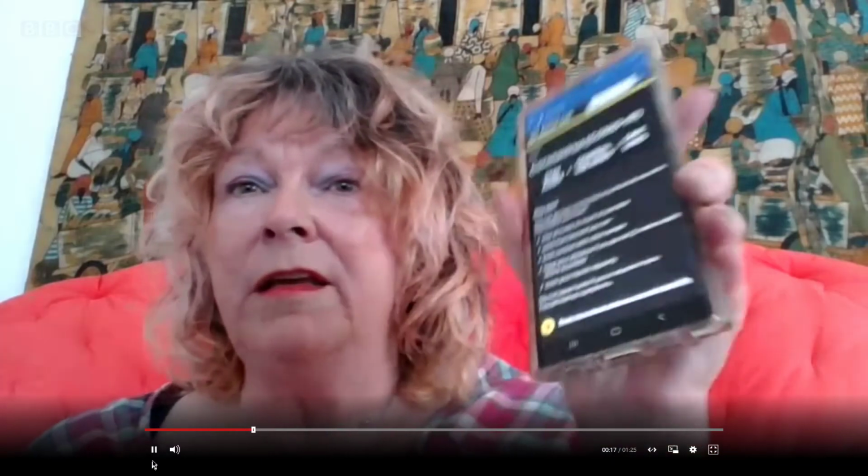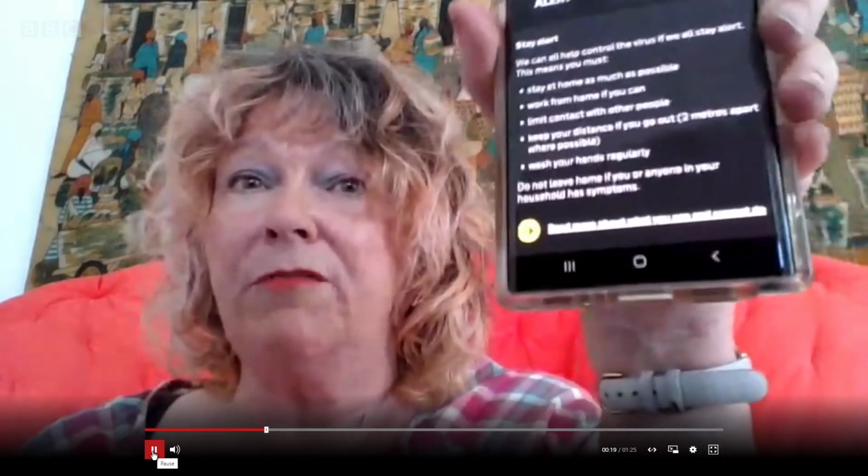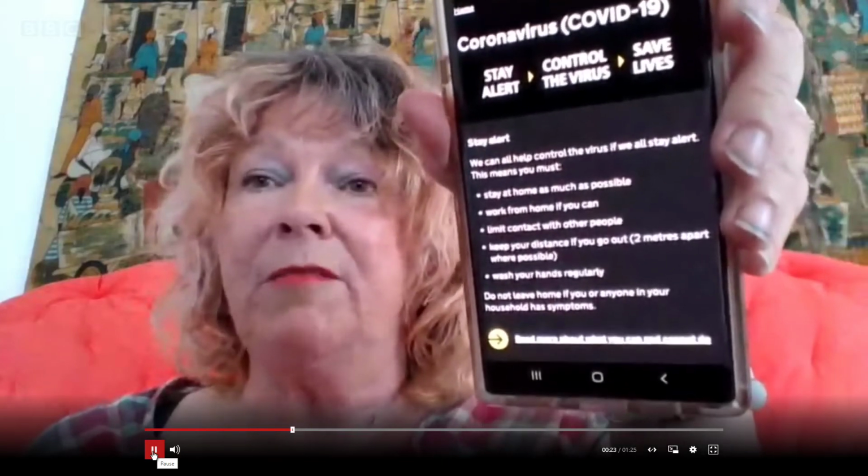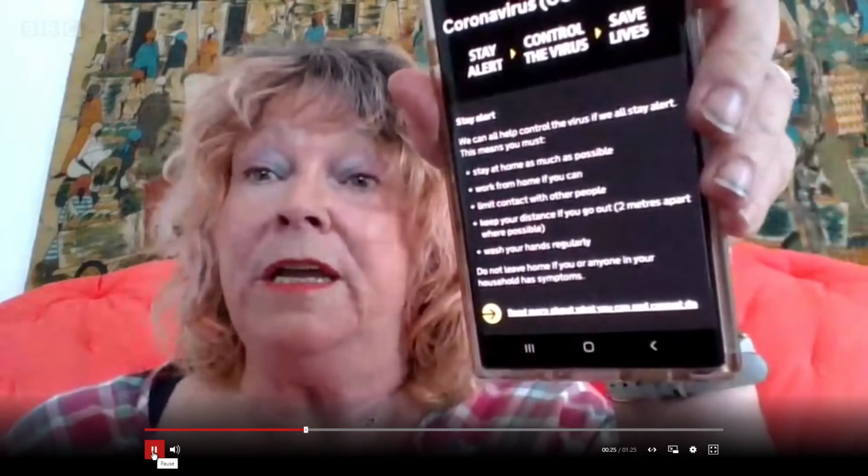About a day ago, I had a notification that says that I've been near someone who has coronavirus symptoms. It said, read what to do next, and then follow this advice until the 2nd of June. When you tap on it, what you get is the basic government guidelines for everybody.